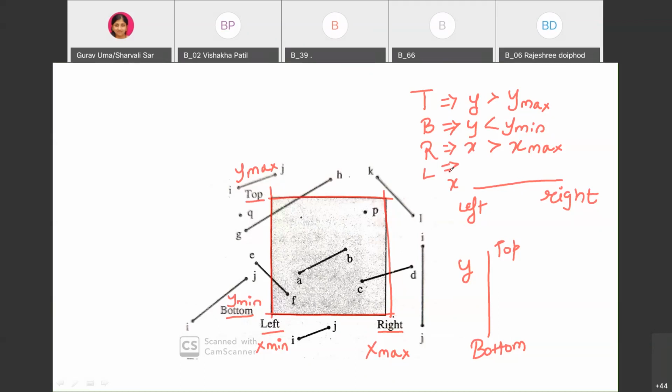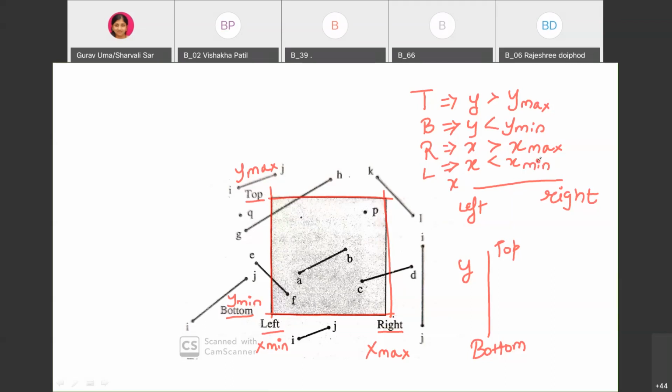Bottom is called when y is less than y min. Right side is called when x is greater than x max, and left side is called when x is less than x min.